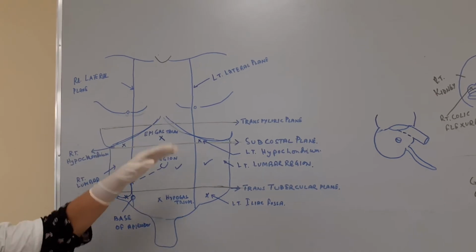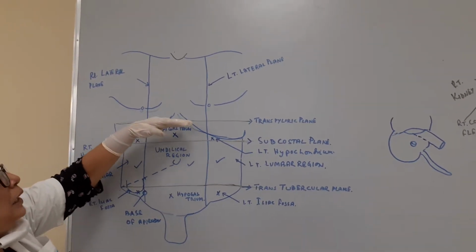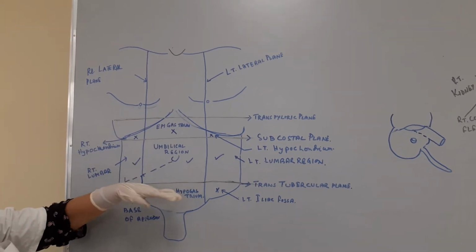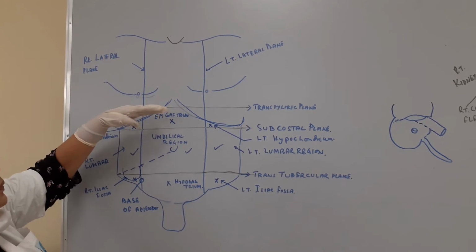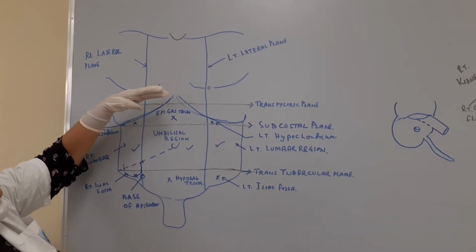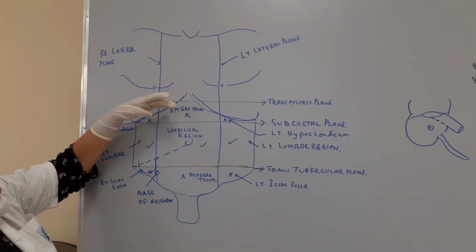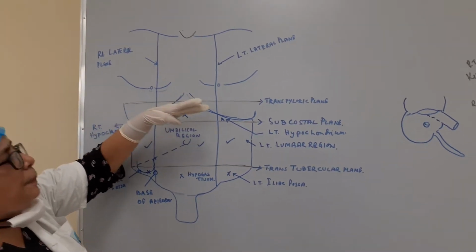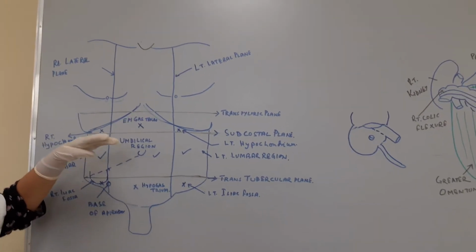Besides the two vertical lines, the transverse lines are the transpyloric plane and the transtubercular plane. The transpyloric plane is a horizontal line passing between the lumbar 1 and lumbar 2 vertebrae in front, and behind it passes through the spine of the lumbar 1 vertebra.